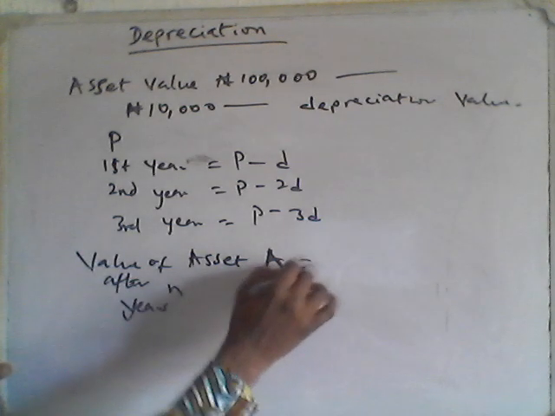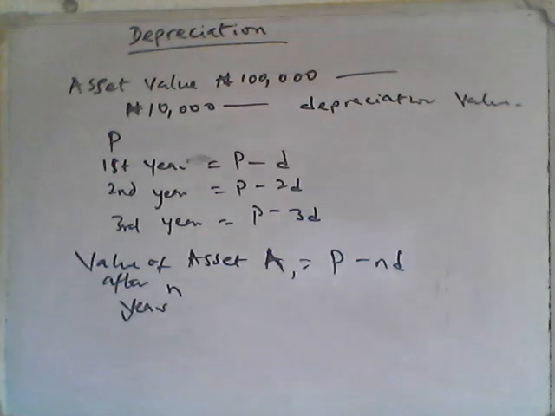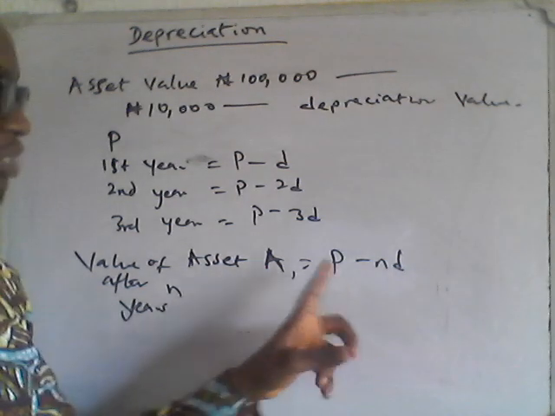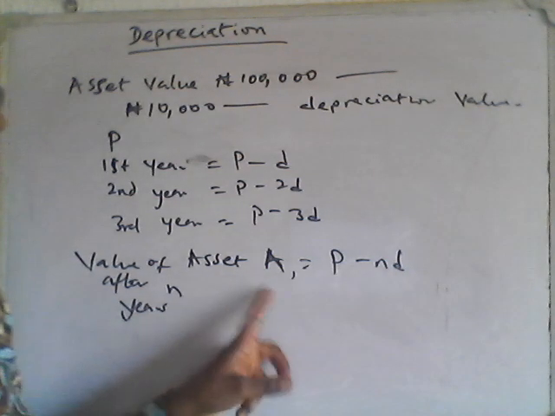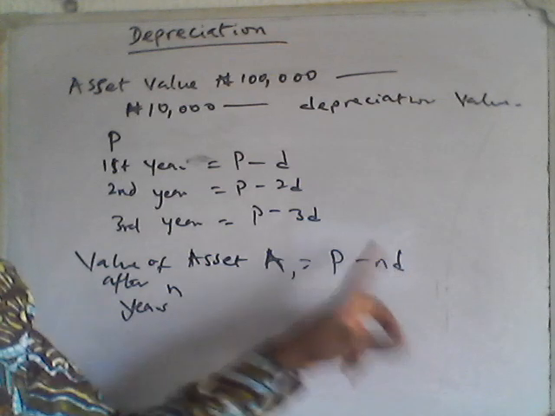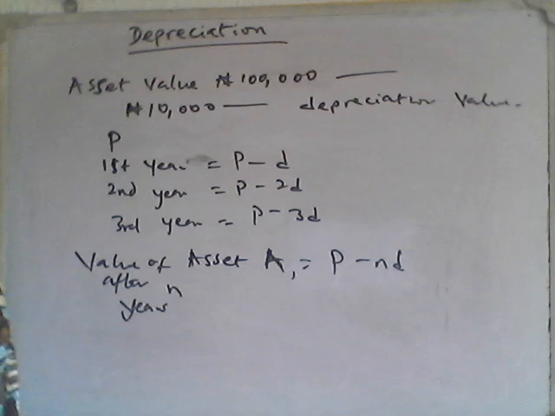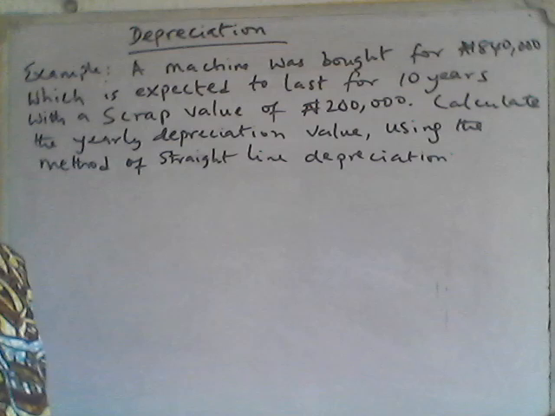Value of asset A is equal to P minus nD. So A is smaller than P. P is how it started, A is how it will end after n years. D is the depreciation amount that you take off every period. Let's look at a practical example quickly.